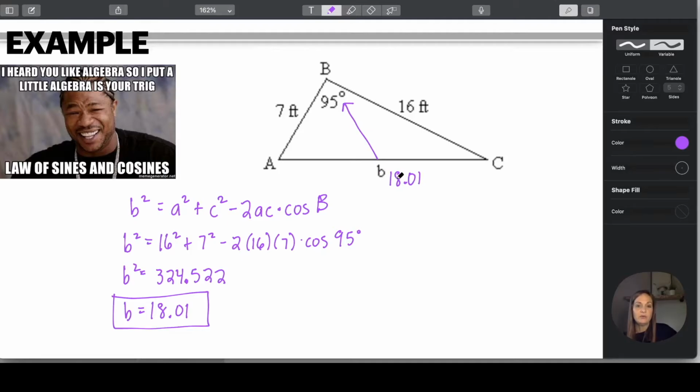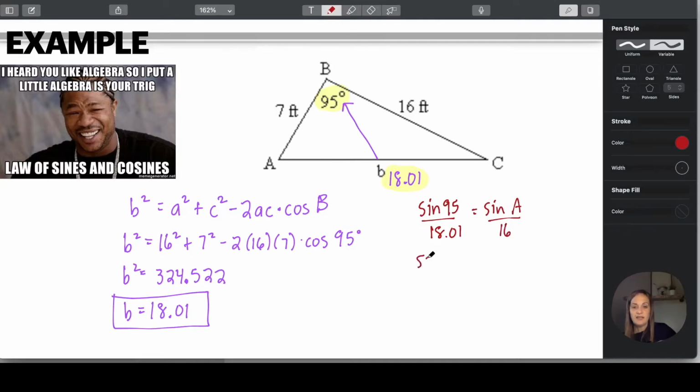Now that we know little b, if you notice, we now have an angle and an opposite side. So we actually do not have to use law of cosines again to find angle A. We can now use law of sines. The sine of 95 degrees over 18.01 is going to equal the sine of A over 16.